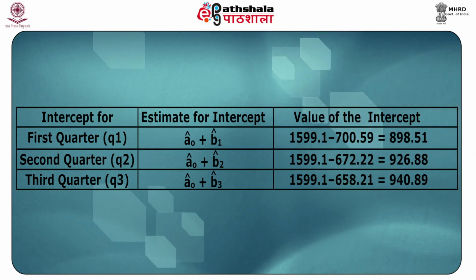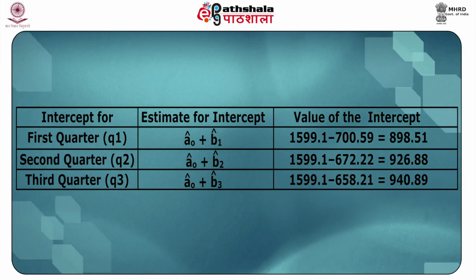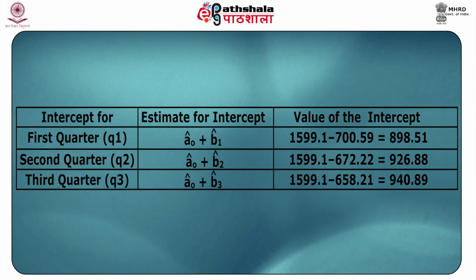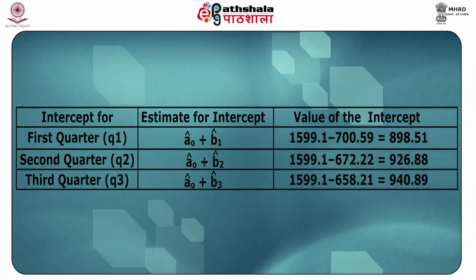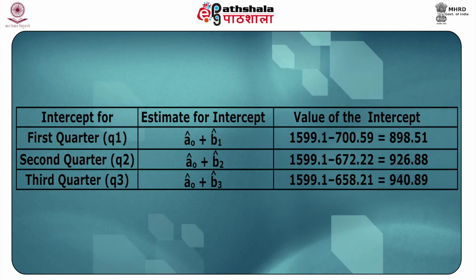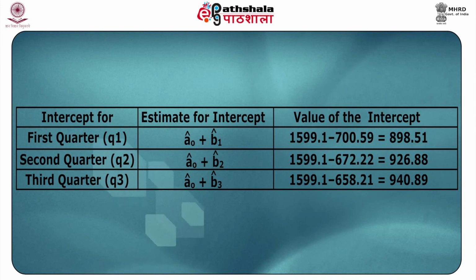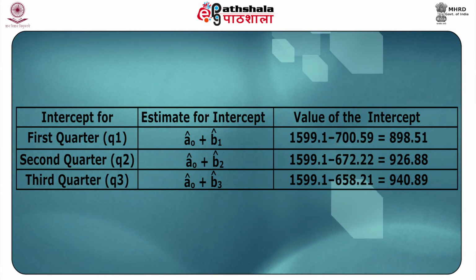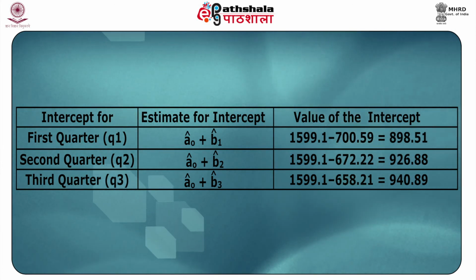For the first quarter, that is Q1, the estimate for intercept is A hat 0 plus B hat 1, whereas the value of the intercept is 1599.1 minus 700.59, which is equal to 898.51.